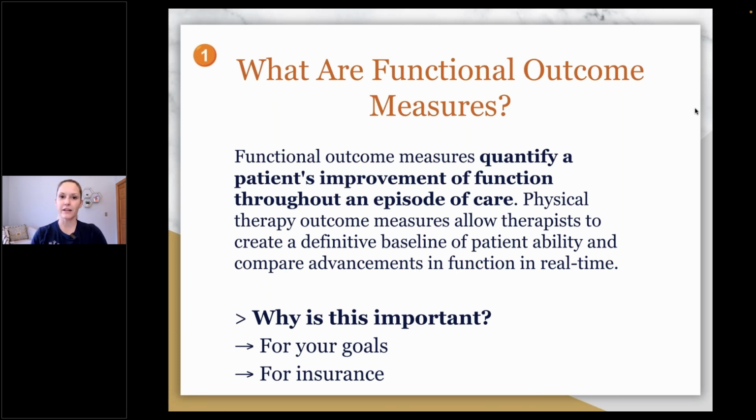But with insurance, if they see maintenance, they might see that as a bad thing. But if we can at least show via these functional outcome measures that you're maintaining or even improving, you're more likely to get more physical therapy sessions versus being cut off really quick.